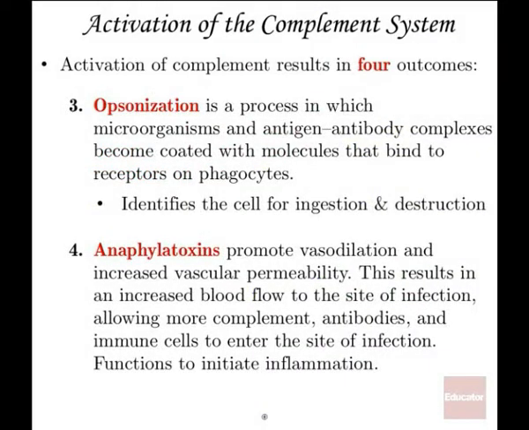The other two outcomes are opsonization, which we talked about, where you flag the organism, the bacteria, for destruction. Basically the bacteria is coated with molecules, and phagocytes are attracted to these molecules, and then they can eradicate, or phagocytize, is the word, these identified cells.